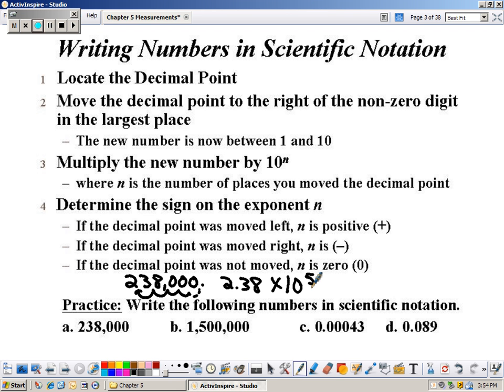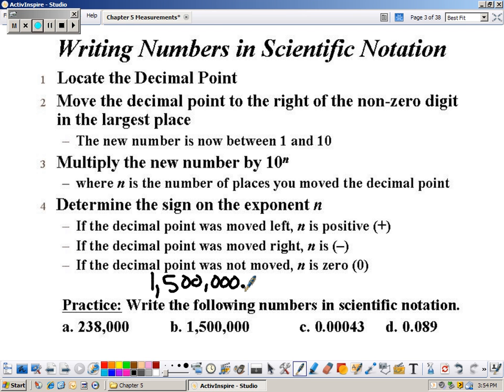Let's try B. So this time we start with 1,500,000. Same as before. Locate the decimal point. You don't see one, so you're going to start to the right of the ones place.